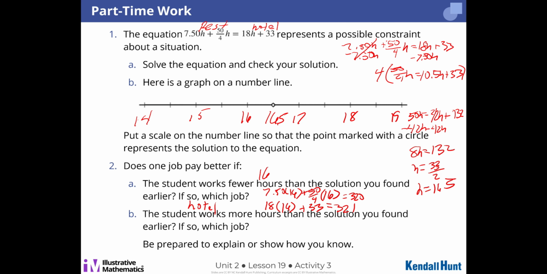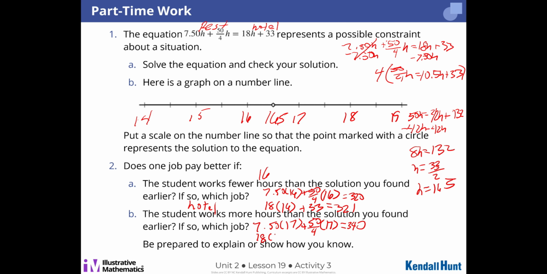If so, which job? Let's just plug in 17. So we're going to do the same task: 7.50(17) plus 50 over 4(17), and see what that answer gives us. I already have it plugged into my Desmos calculator. So that's going to give me 340. Now I'm going to do the same task with 18 hours.